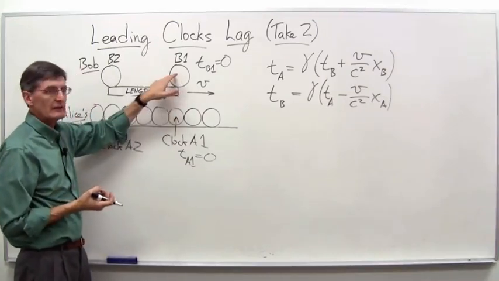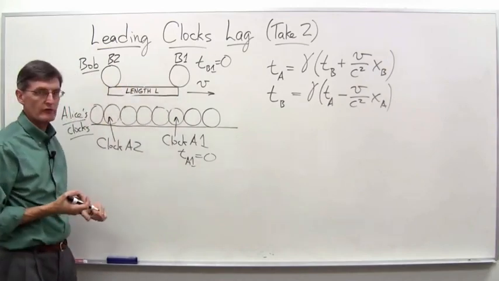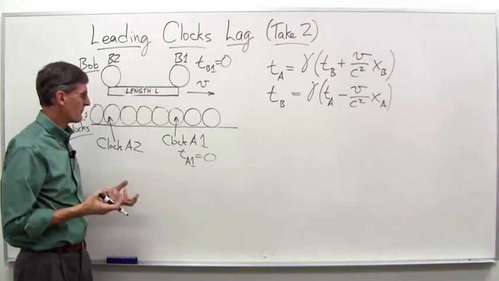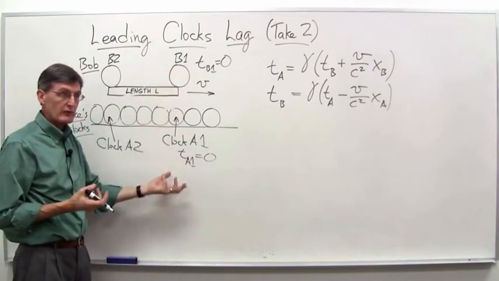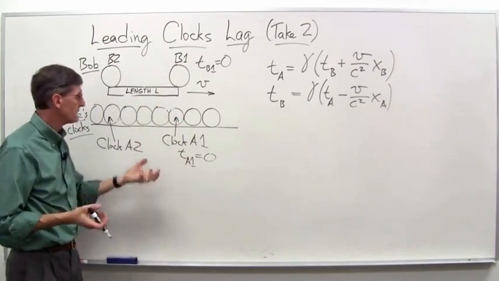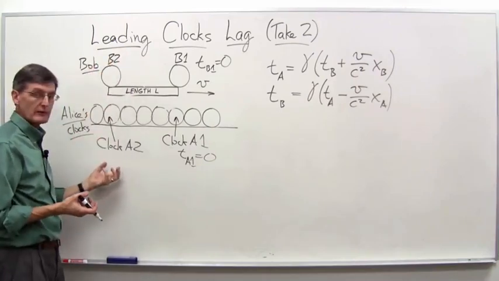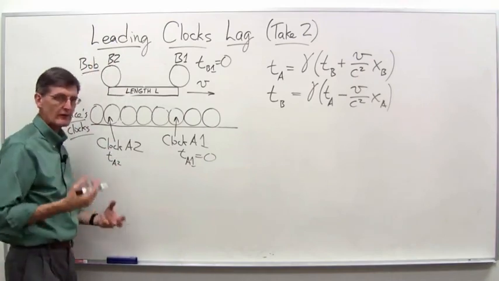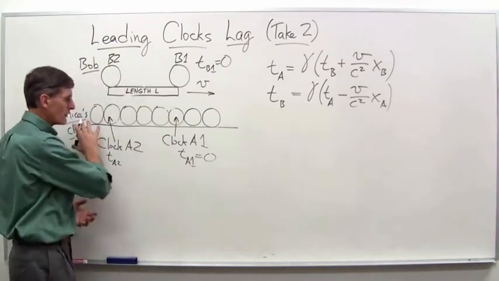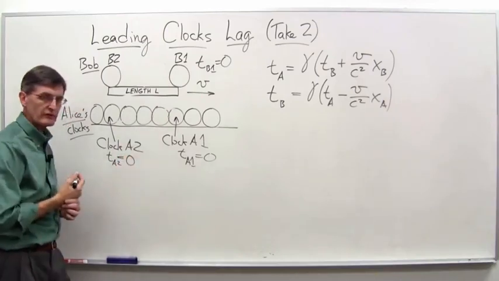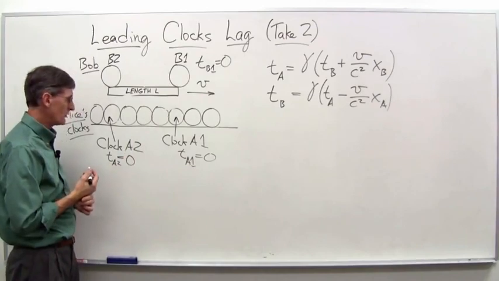Okay, so we've set that up. Clearly this is the leading clock here. B2 is the trailing clock. And the question is, we take this flash photograph. Let's also, at that instant in time, take a flash photograph back here. From Alice's perspective, because all her clocks are synchronized, she'll see TA2 equals 0.